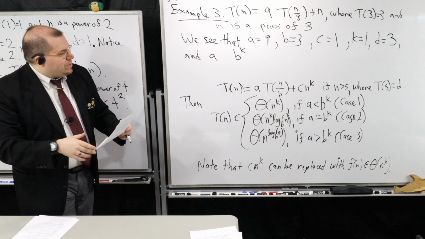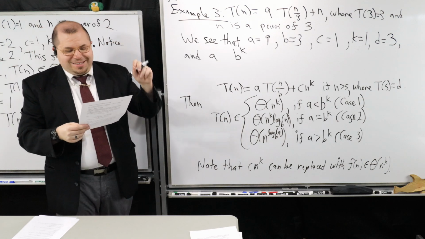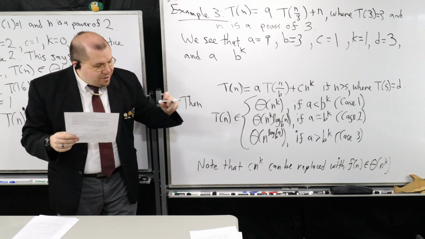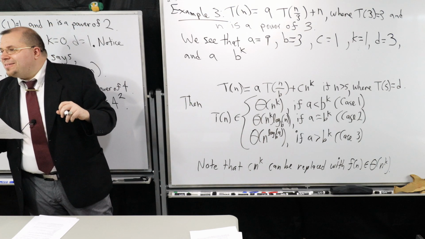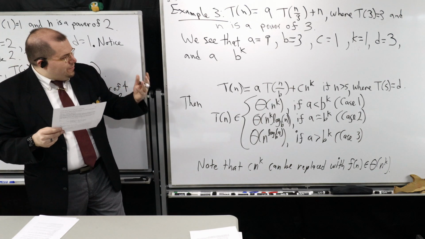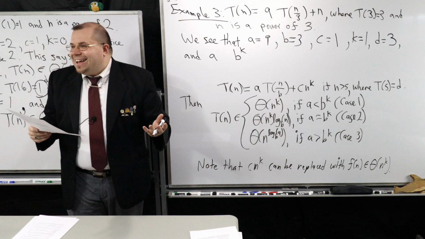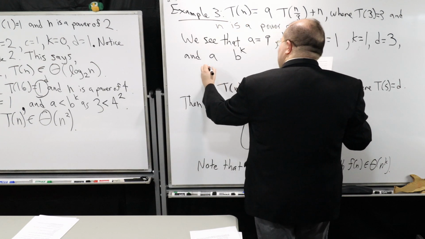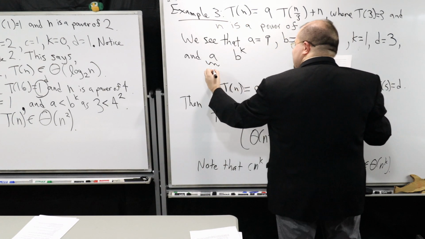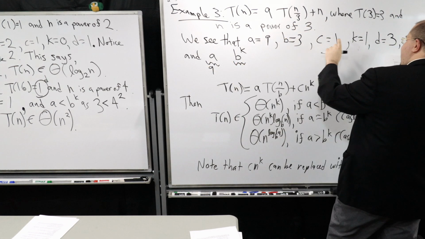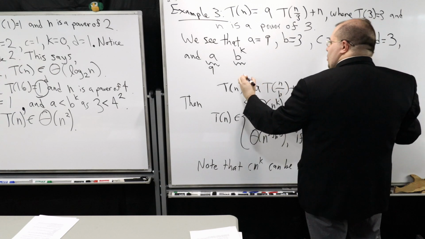Let's see, we got 1 for less than, 1 for greater than. Well, let me proceed here. Remember, A is 9, B is 3, and K is just 1, right?